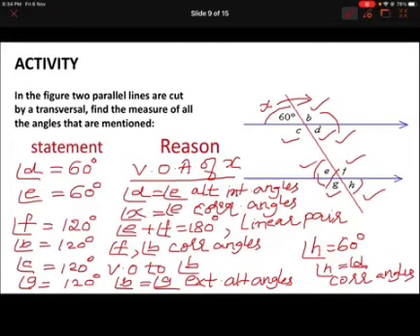Children, I hope you understood how I went about finding the value of the angles that are formed when parallel lines are cut by a transversal. Please listen to this clipping again and again to understand clearly. Once you do one or two problems, it's very easy and very interesting to find the measure of angles.